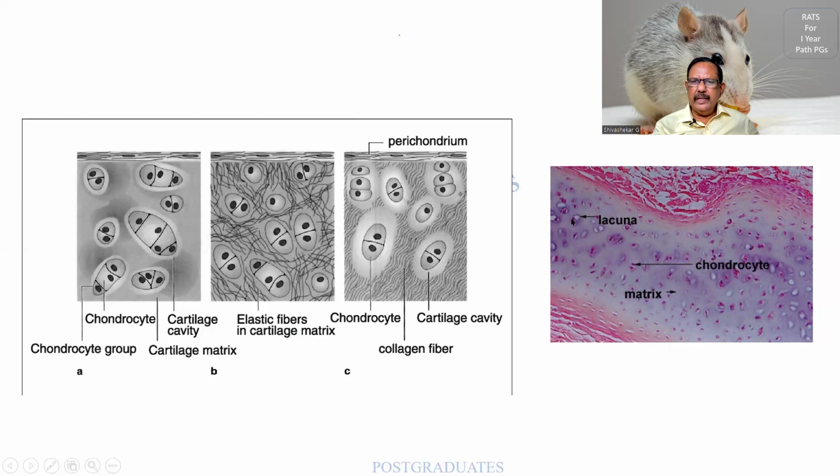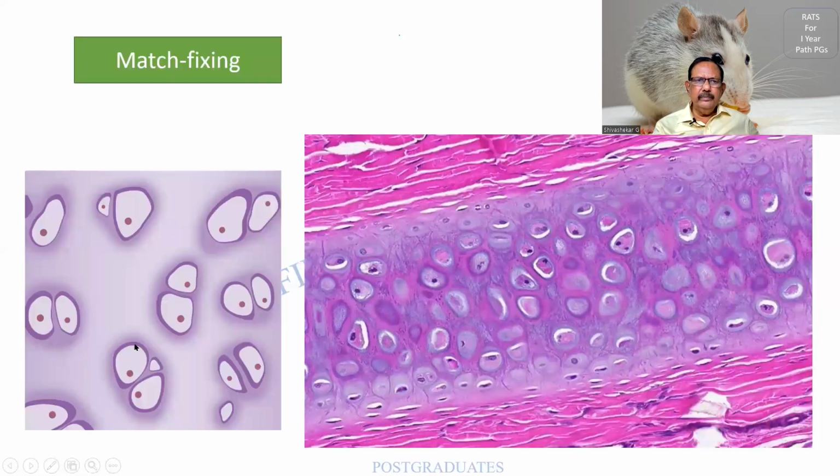It is a hyaline cartilage, lacunae, within which you are finding the cells. So match fixing, they are in pairs. These are all the chondrocytes, and there is a surrounding lacunae, around which there will be the cell membrane. The bluish color is the matrix. External is the connective tissue.